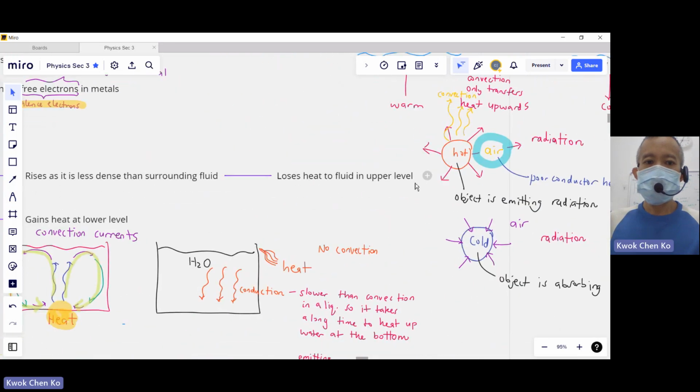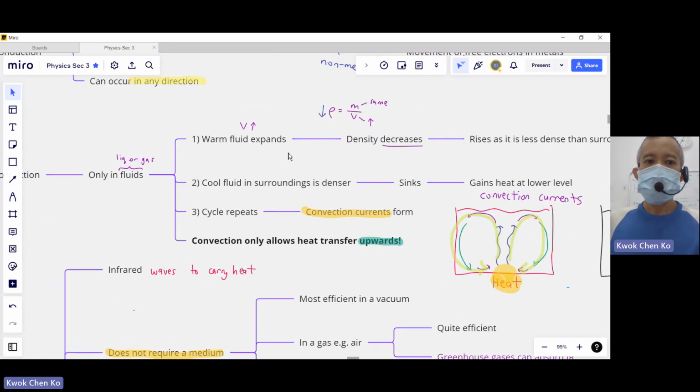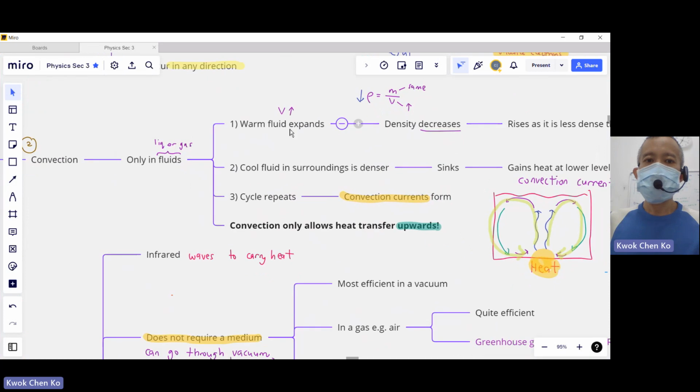Okay, let's go back to this one. Start writing your story. When they ask you about convection, you have to write: warm fluid expands. Say you have a pot of water, you heat it at the bottom, so the bottom is warm at first.